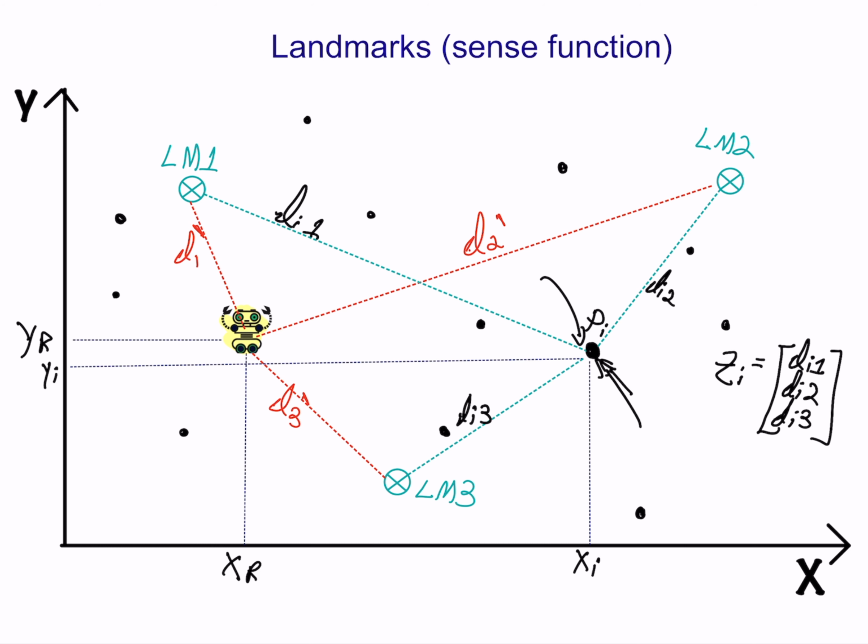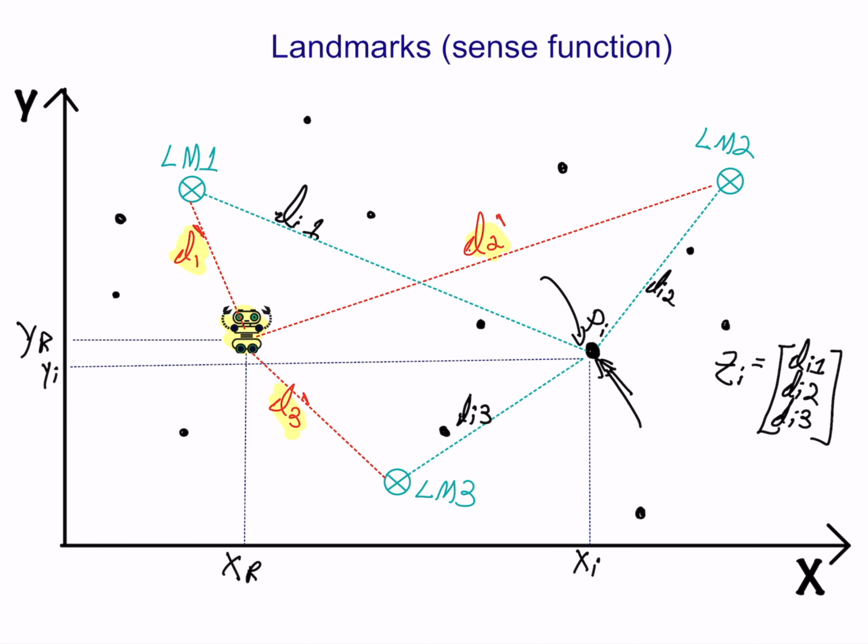But I have another z vector, and this vector contains the true measurements of all the landmarks from the real position of the robot. In other words, I get D1, D2, and D3. These are the real observations that I'm getting from the sensors.